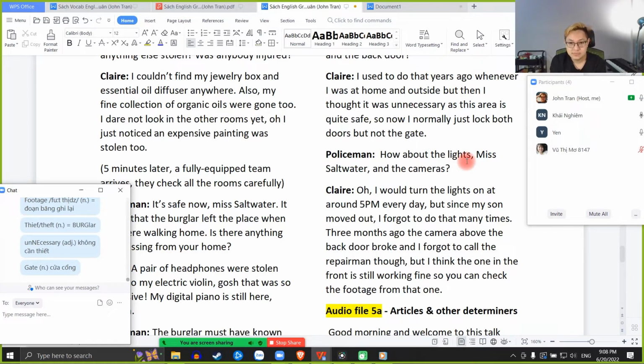3 months ago, the camera above the back door broke. Em đọc phải rõ ràng ra hơn. Try to be more clear. The camera above the back door broke, and I forgot to call the repairman, though.